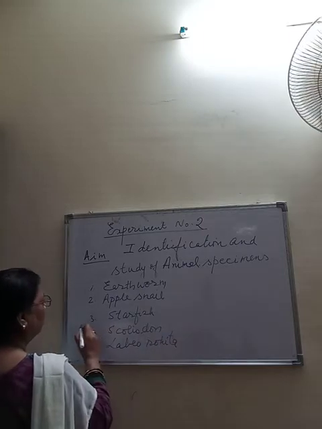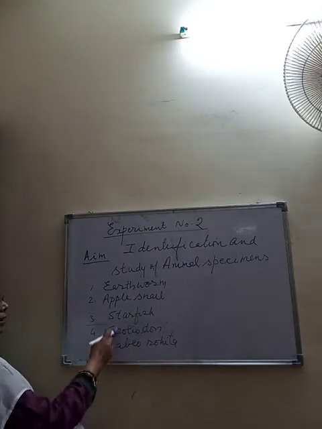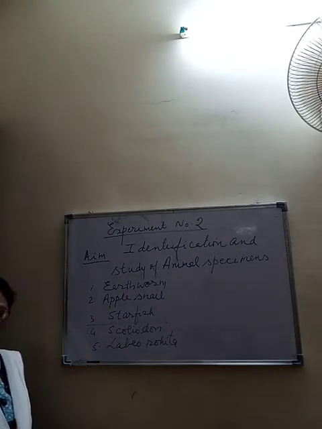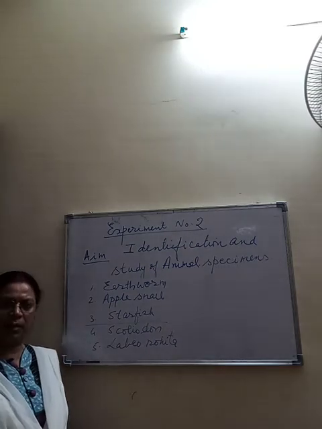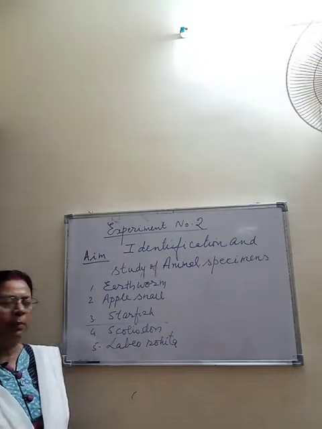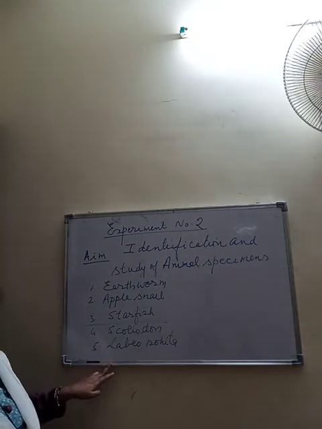Okay, so the first three are invertebrates, and the next two are vertebrates. Okay, so I have selected three. You are supposed to read, actually in your syllabus, one member of each group, right from Porifera up to mammal. But I have selected only 3 from invertebrates and 2 from vertebrates.